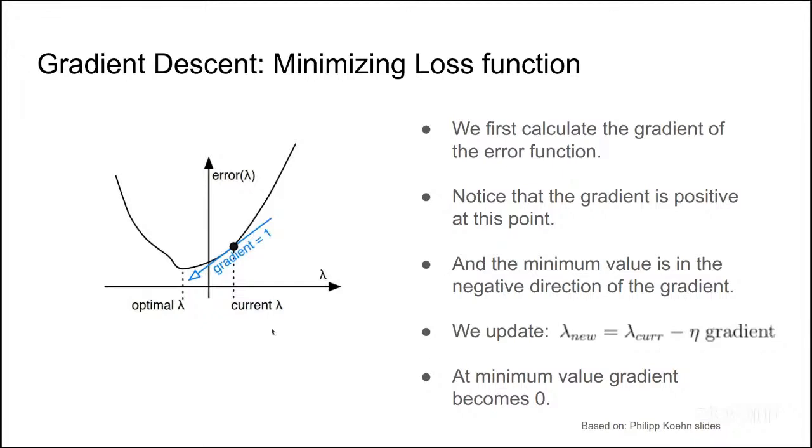Okay. So if you continuously go in the negative direction of the gradient with very small eta, you will reach your optimal value.